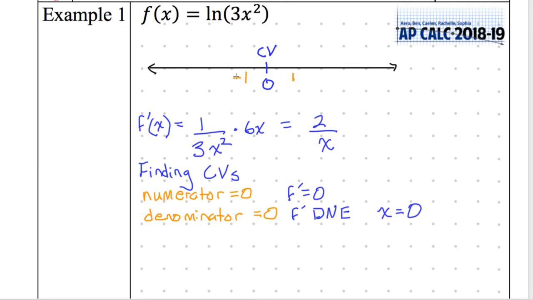When we plug in negative 1, am I plugging in negative 1 to f of x or f prime of x? Okay, so I'm plugging into this equation here. Is it going to be a negative or a positive? Negative. It's a negative, so we're going to say negative. And therefore, what do we say about this interval up here? Decreasing. F decreasing. All right. And what about when I plug in 1 to f prime of x? It's positive. Positive, therefore, it's f increasing. All right, perfect. We got our review in.